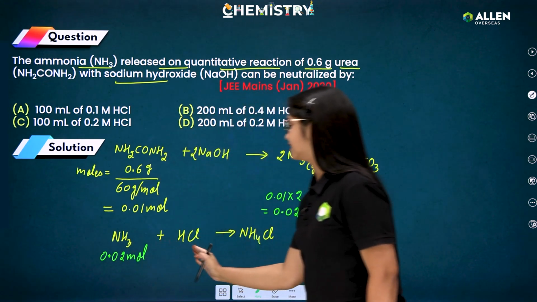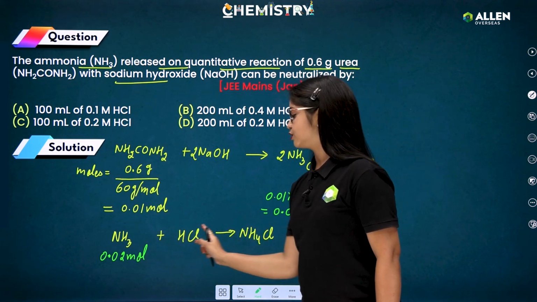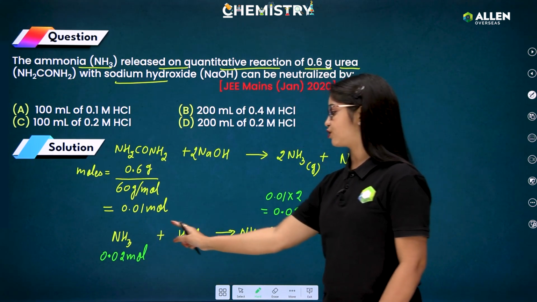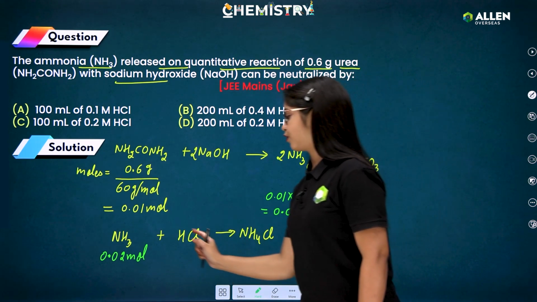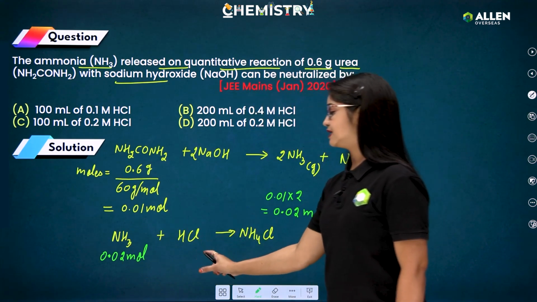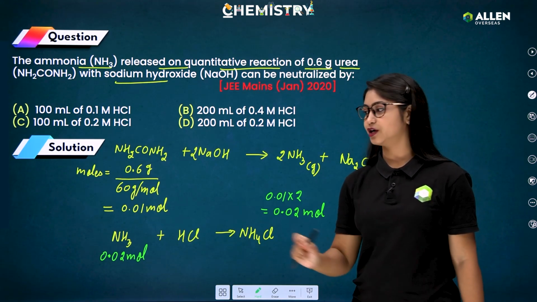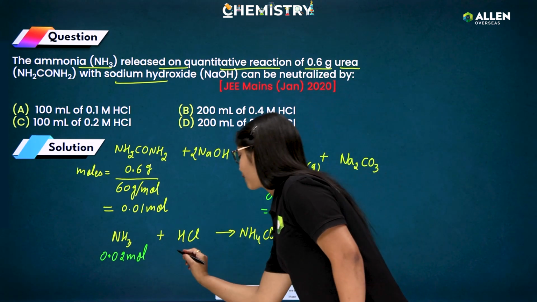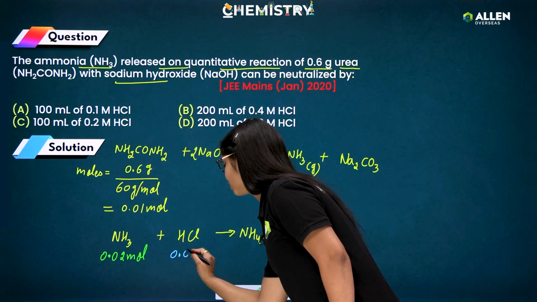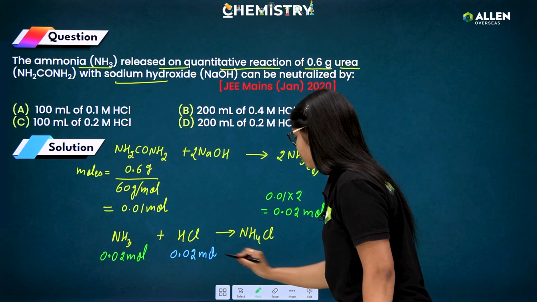From this reaction I can say moles of ammonia are equal to moles of HCl because the stoichiometric coefficients of both are equal. So whatever the moles of ammonia, the same number of moles of HCl will be required to neutralize the ammonia. So the moles of HCl will also be 0.02 mole.